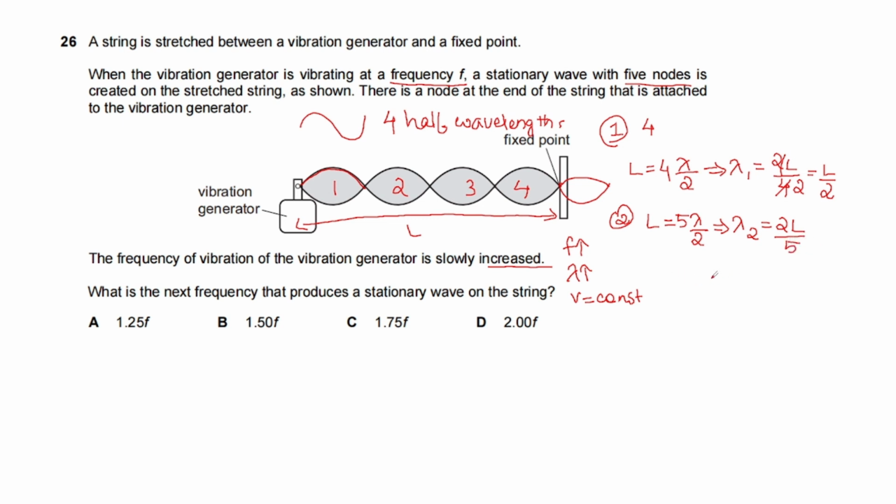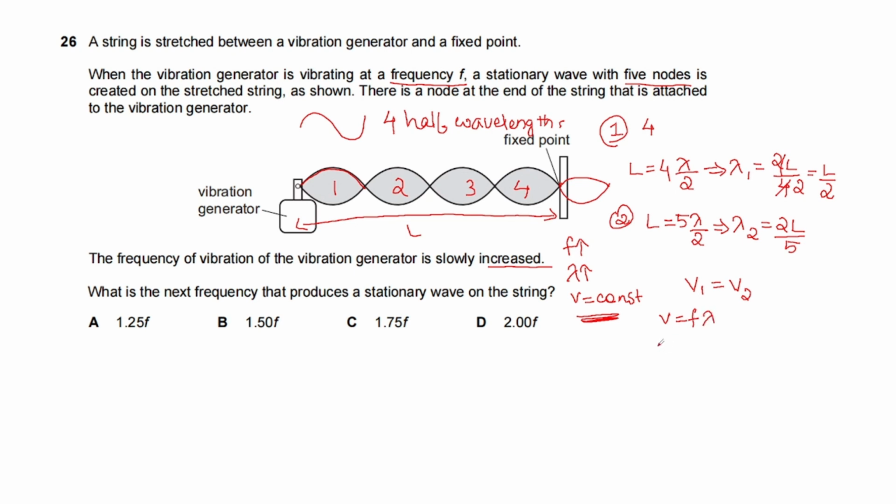Now we have the 2 wavelengths, and we can make use of the condition that the wave speed stays the same. The wave speed in the first condition is termed V1 and in the second condition V2. The wave speed formula is frequency multiplied by wavelength.